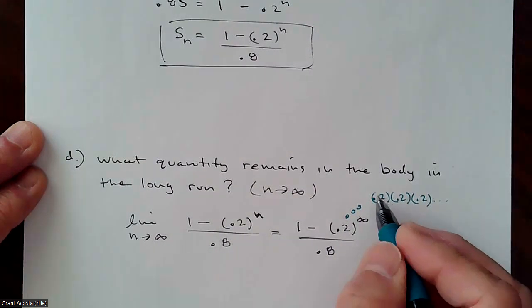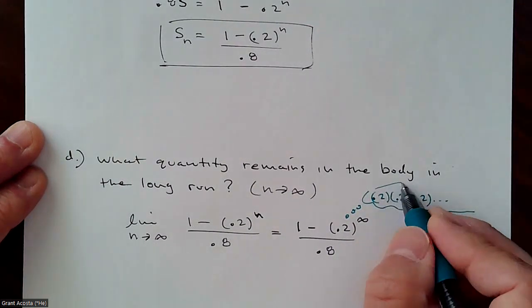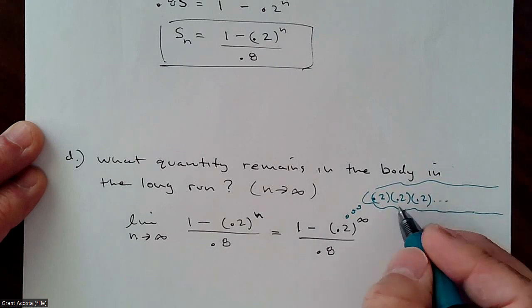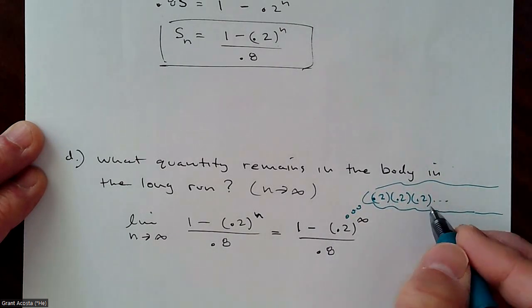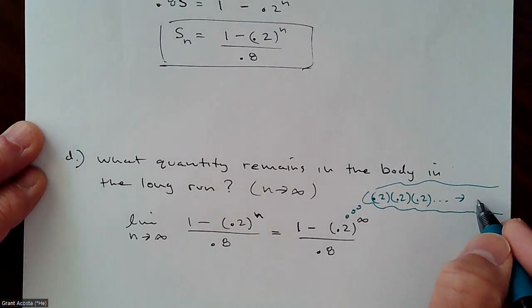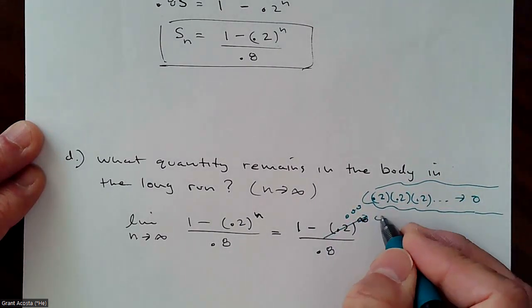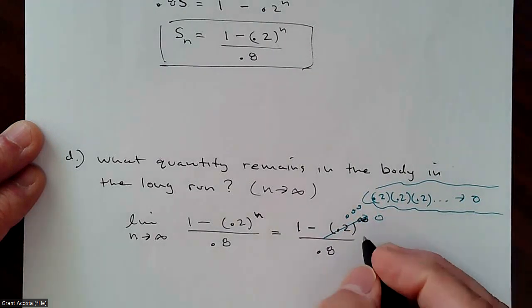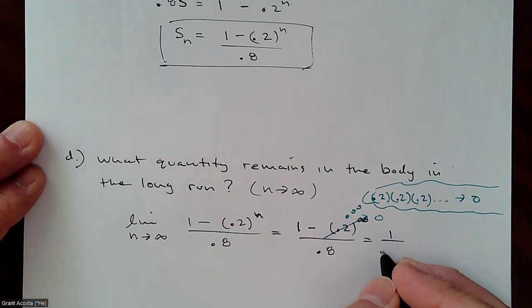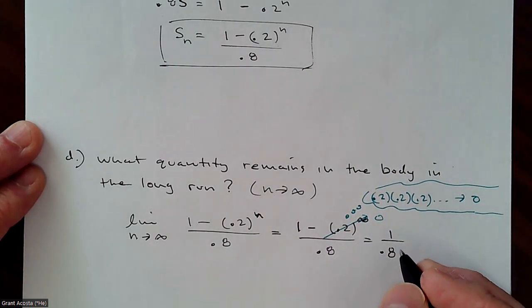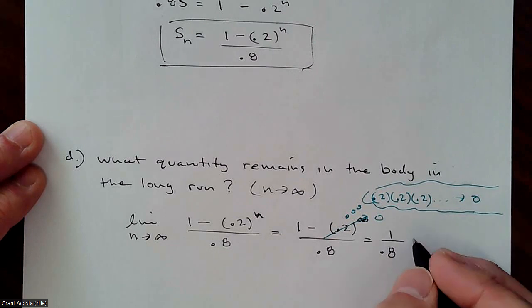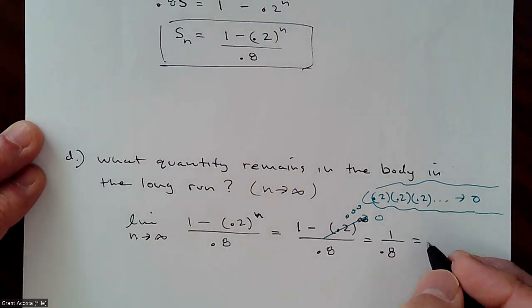And because 0.2 is a decimal that is less than 1, if you keep multiplying it together, it's going to get smaller and smaller and smaller. So eventually it would approach 0. This term is going to go to 0, leaving me with 1 divided by 0.8, which is 1 over 4/5, which is 5/4.